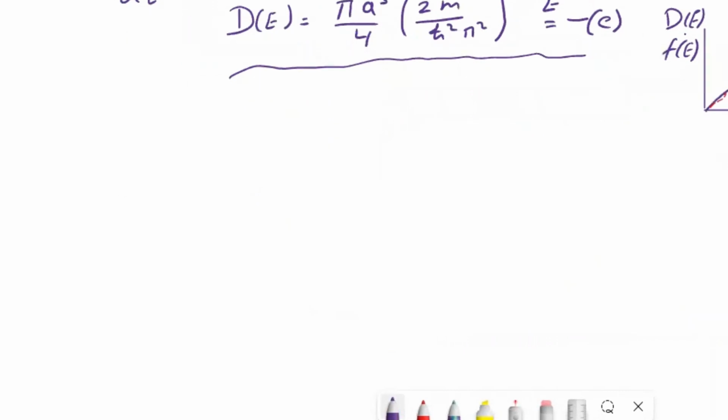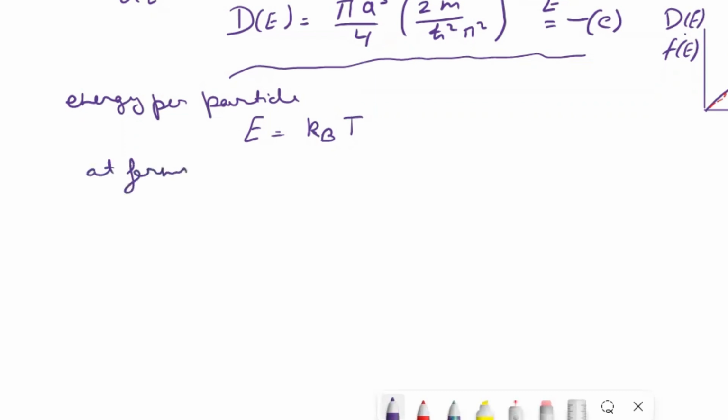Now moving forward, we know that the energy per particle is actually given as, where kB is the Boltzmann constant, right? And at the Fermi temperature, the energy will be the same, just that this time the temperature will be the Fermi temperature.